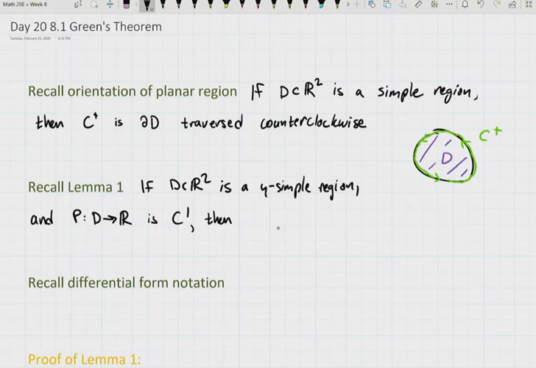Then we had that if you integrate dP/dy over the region D, that's the same as integrating it around the boundary, integrating P dx around the boundary.